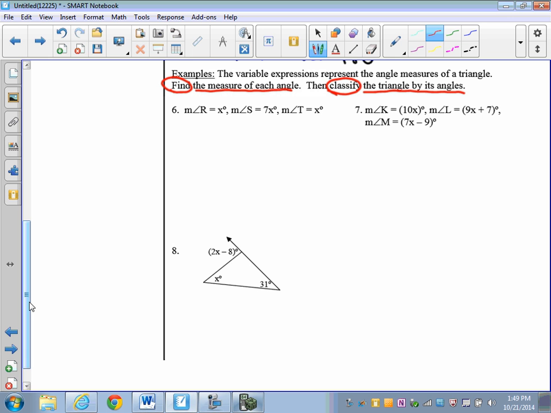This means the classify part, it's either going to be acute, right, or obtuse. Remember, obtuse is where we have an angle that's greater than 90. Right is where we have an angle that's equal to 90, and acute is where we have three angles less than 90 degrees.